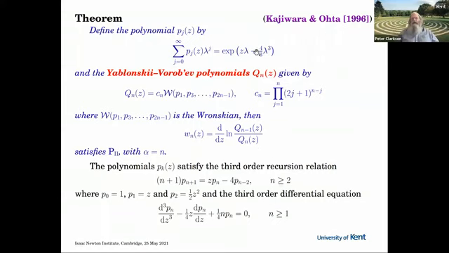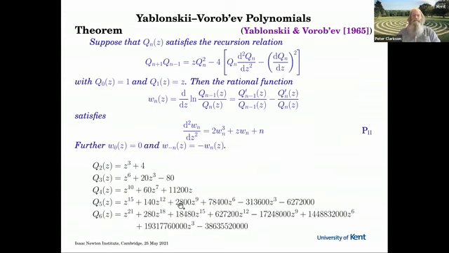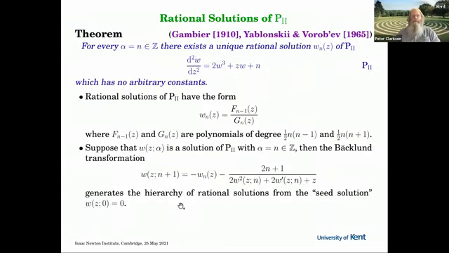Now, because you have a cube here, then the polynomials satisfy a third order difference equation, and they also satisfy a third order differential equation, which you can solve in terms of 1F2 hypergeometric function. That's a 1F2, not a 2F1. It's the third order equation.